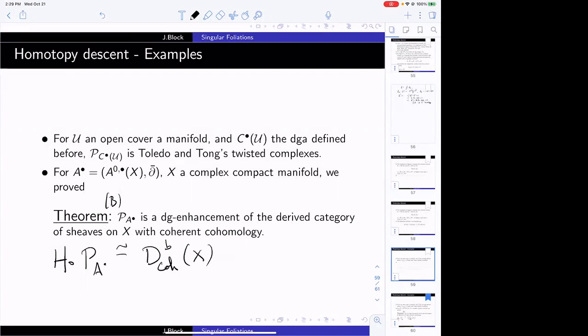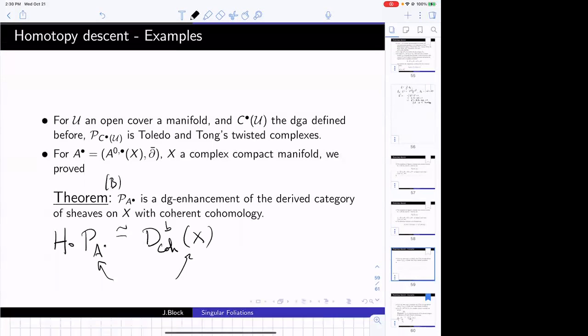The point is that when you have a non-compact manifold, you have lots of objects that are kind of weird, and my definition has some finiteness at infinity built in. They replace the right-hand side by the so-called globally bounded complexes of coherent sheaves. Oh, okay, I believe it. That's fine.